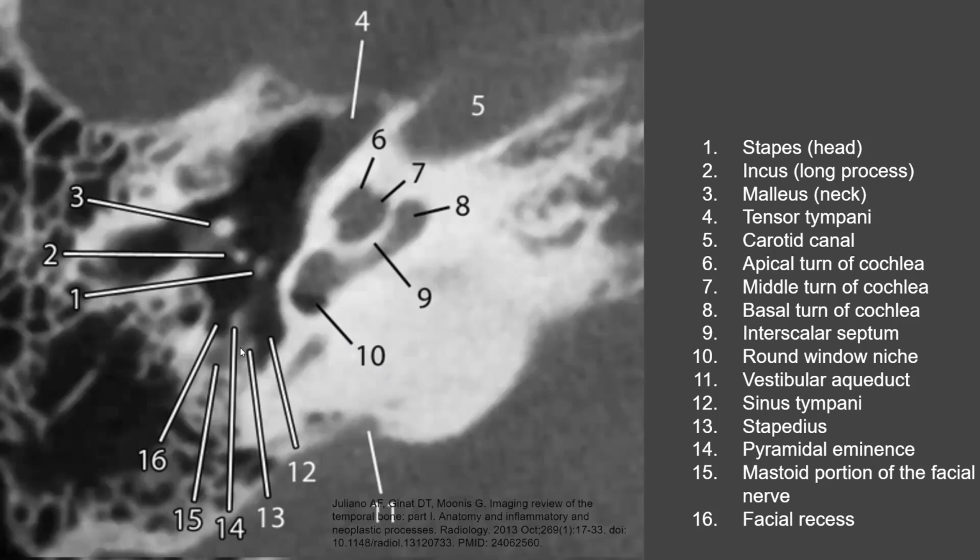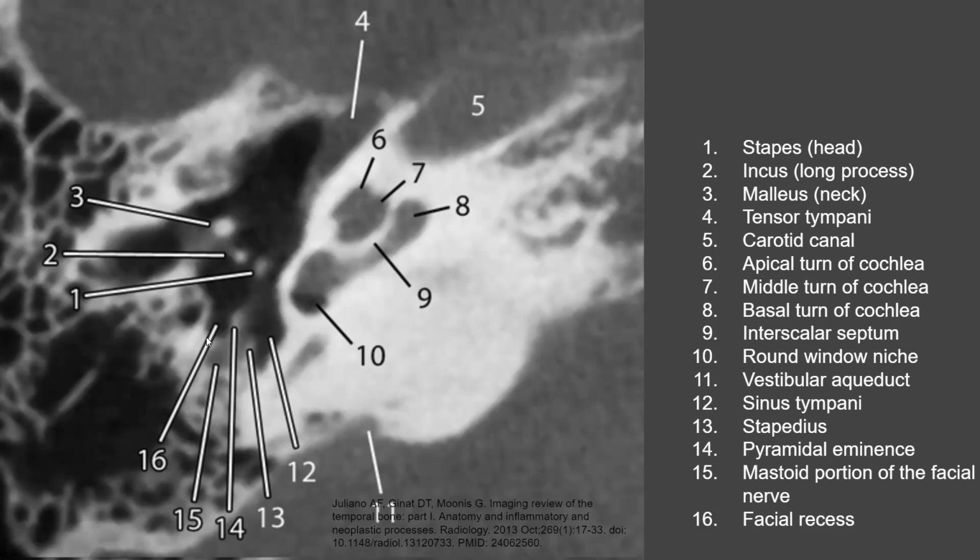Here, I don't want to get into this a whole lot. There's a little mnemonic I even used today, SPF, and SPF just refers to these main structures. S being the sinus tympani, P the pyramidal eminence, number 14, and F, 16, the facial recess.